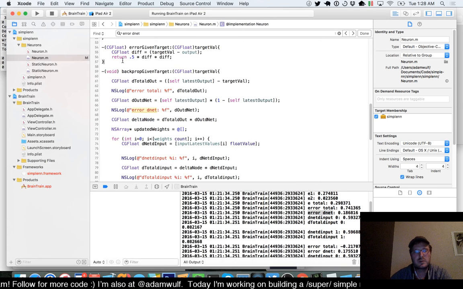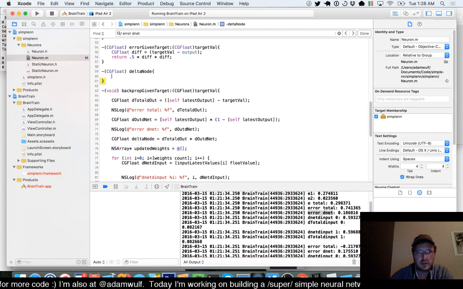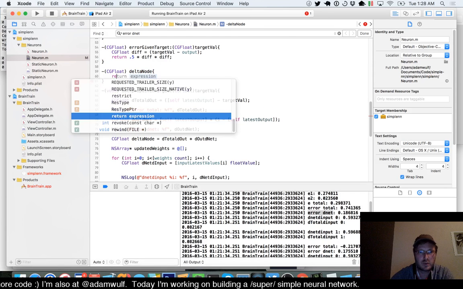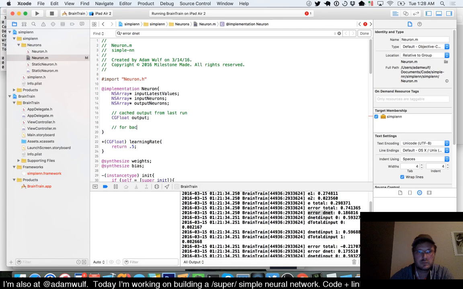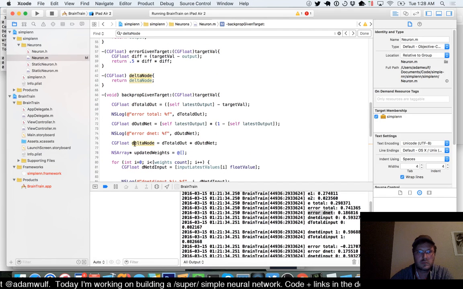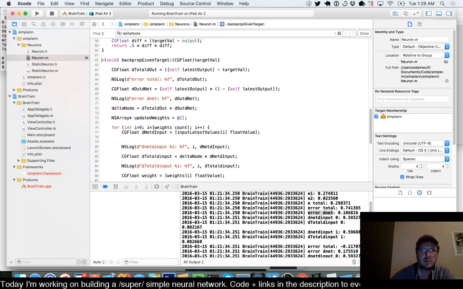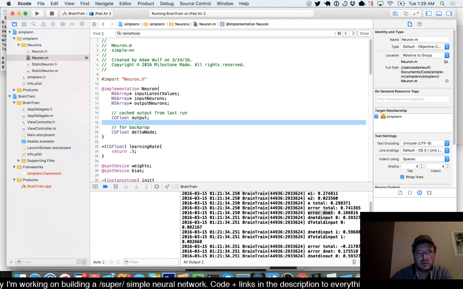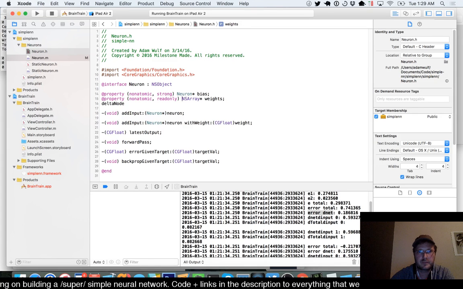So this is delta node, right? Sounds like a totally awesome band name. Right? And so now that way this guy is accessible to, actually what we can do is make that a property.